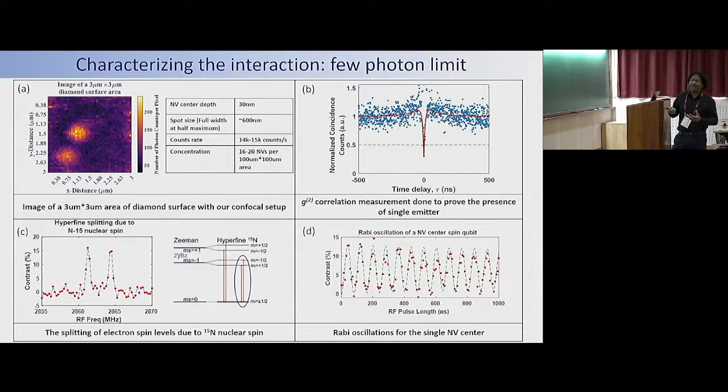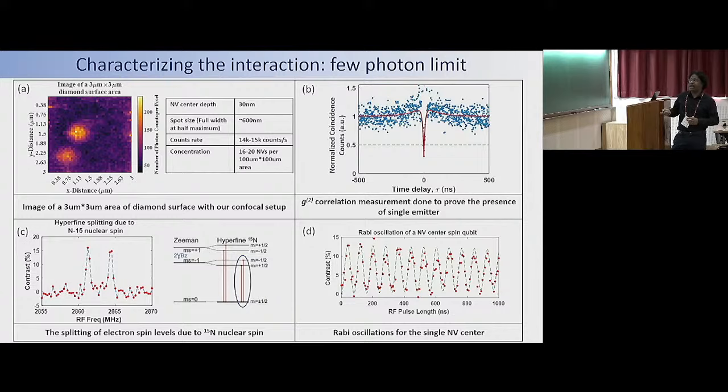Then finally, by applying microwave fields which are resonant with this two-level atom, you can scan the microwave fields and study this contrast. You'll see that this contrast goes up and down depending on the frequency, and that helps you isolate the resonances and get a good understanding of the level diagram. The other thing is that even at room temperature, you can easily get Rabi oscillations of the two-level atom, and that is also manifested in the contrast of the light field.